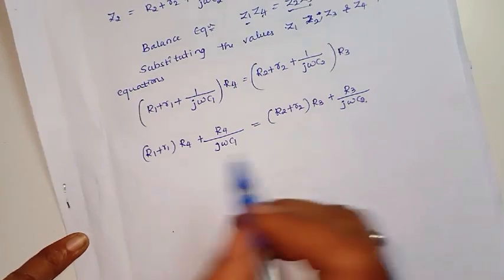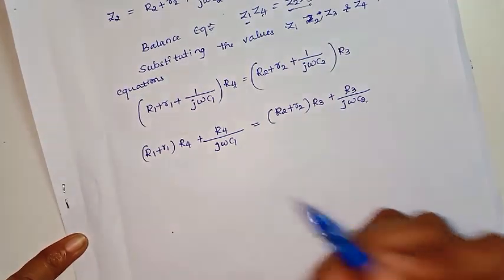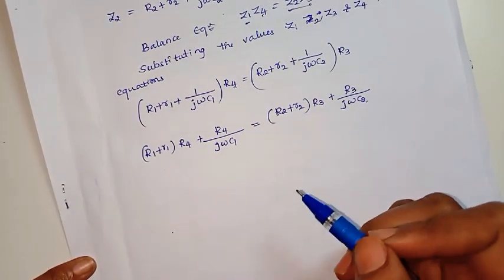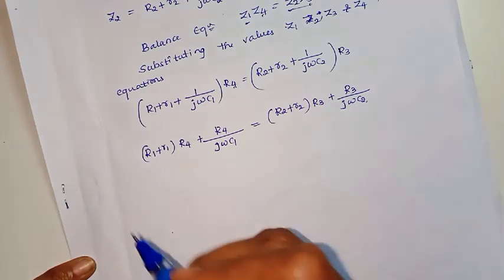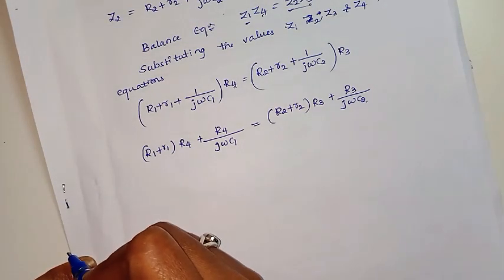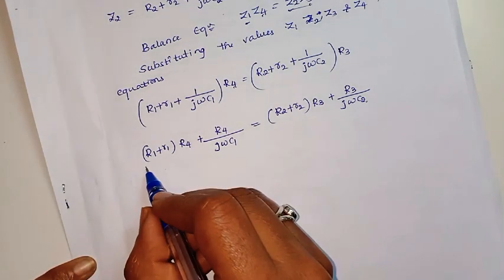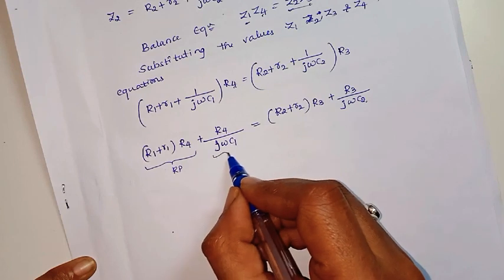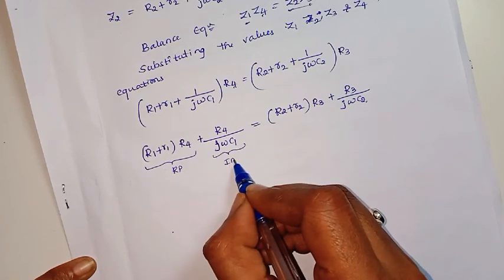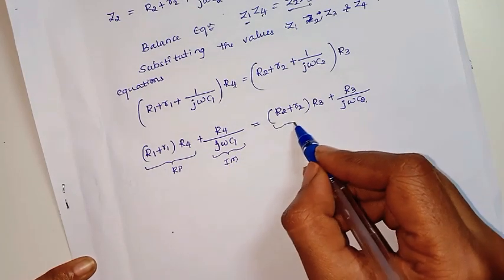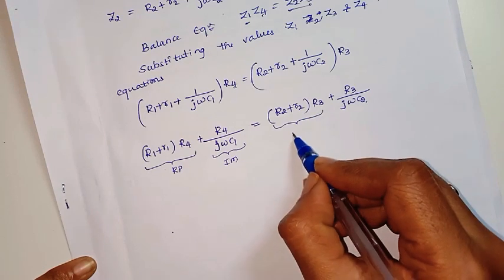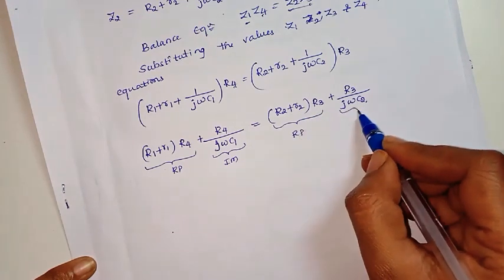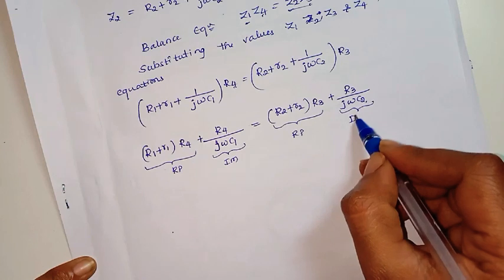So here in this equation, real part is also there, then imaginary part also is there. So what are the real parts and what are the imaginary parts? This is the real part, j is there, so that's why it is imaginary part. In the right hand side also, one is real part and another one is imaginary part.